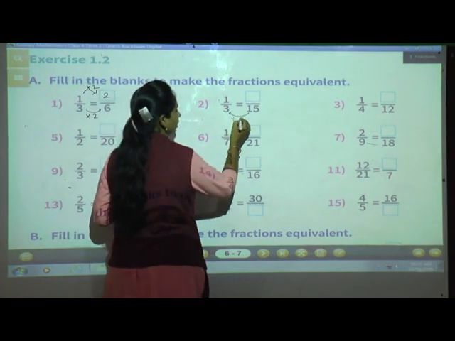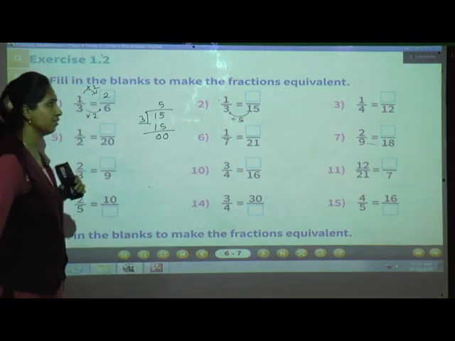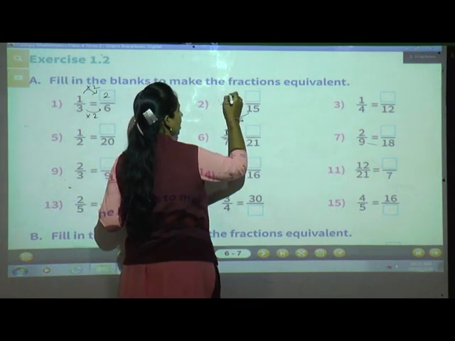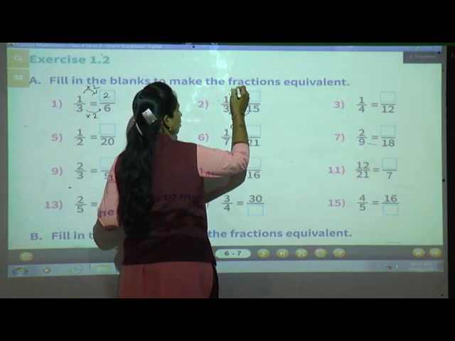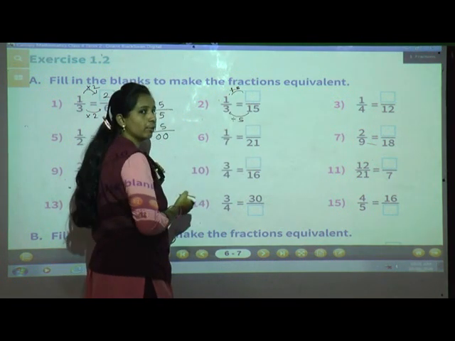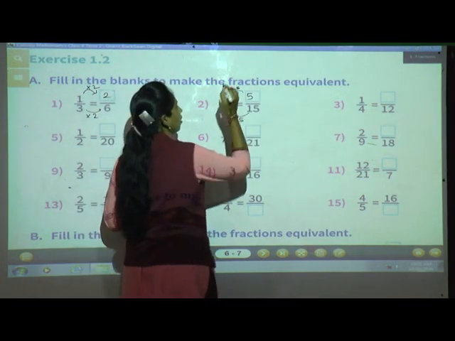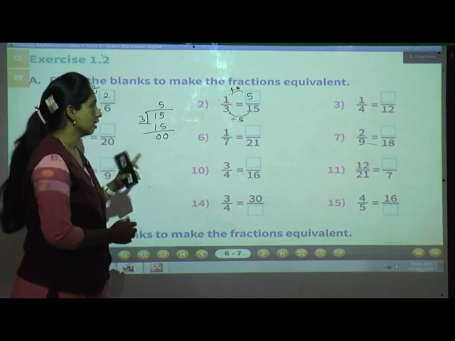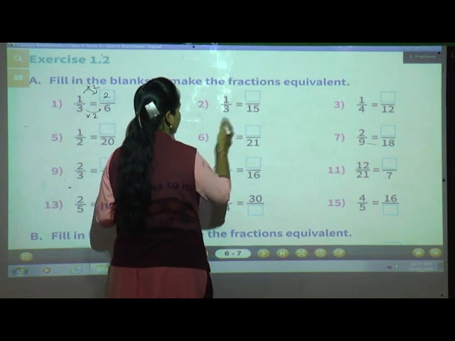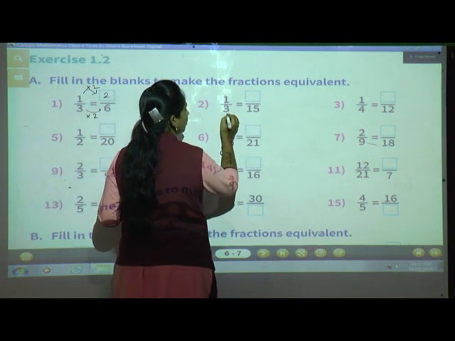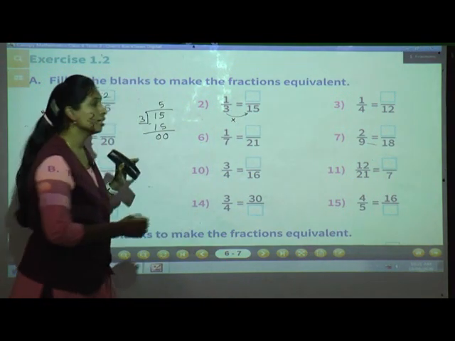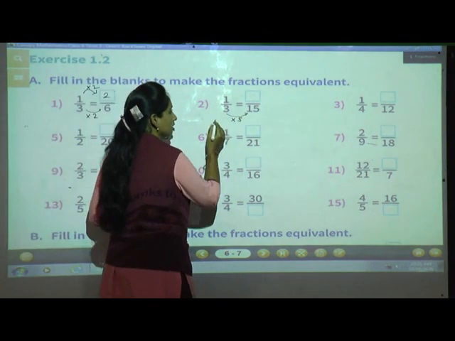Yes, tell me. 3 5s are 15, isn't it? So whatever we do with division here, we should do the same here also. So we divide by 5, so we get 1. In the same way, if I teach the same question with multiplication, what do we multiply with 3 to get 15, students? 3 5s are 15, isn't it?